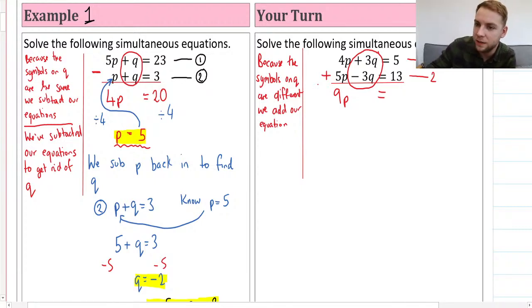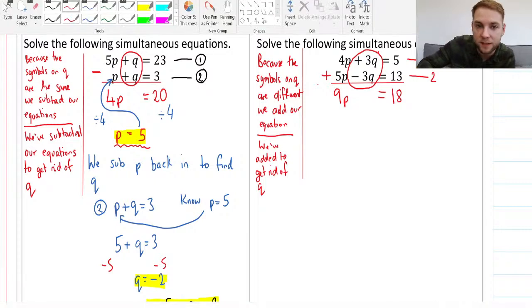And then the last one is 5 plus 13, which is 18. So let's make a note there: we've added to get rid of Q. And then we just solve this like a normal equation.